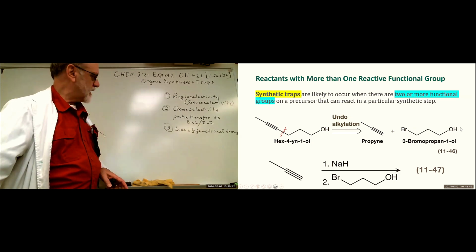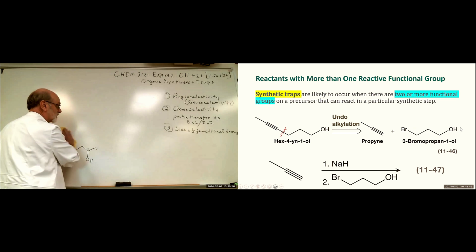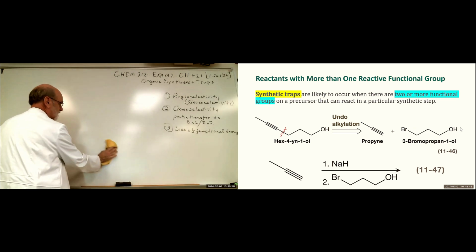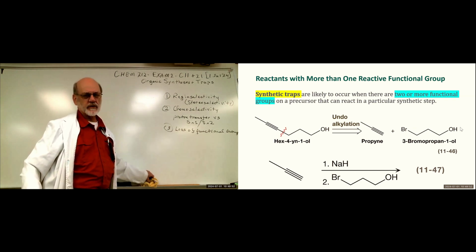Okay. Another trap. Chemoselectivity. In other words, two or more functional groups.